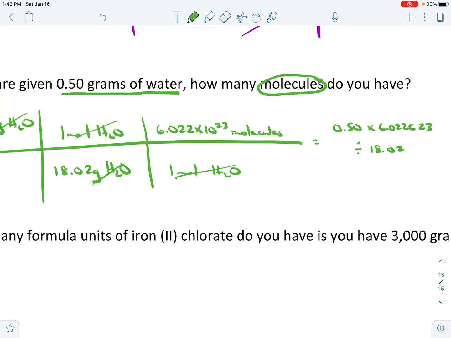So 0.5 times 6.022 E 23 divided by 18.02. And we should come up with 1.67. And yes, you should definitely have an E in there. Times 10 to the 22nd. That 2 didn't look so good, did it? And our label is molecules. Awesome.